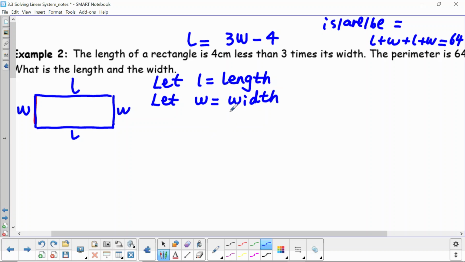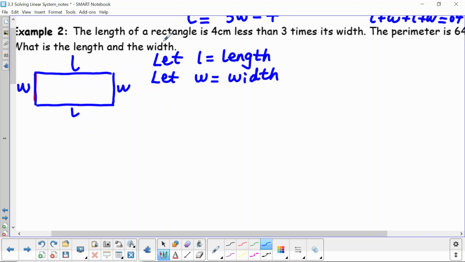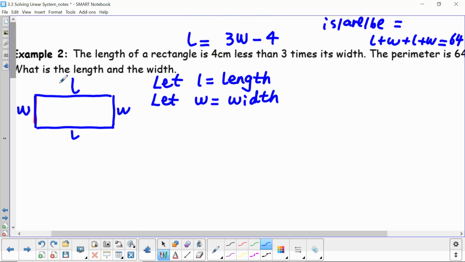And please try to write the full solution for your word problem, because once we are back to normal, then paper pencil work, this counts for communication marks, so you need to write it formally. So the first equation will be the length equals 4 centimeters less than 3 times width.